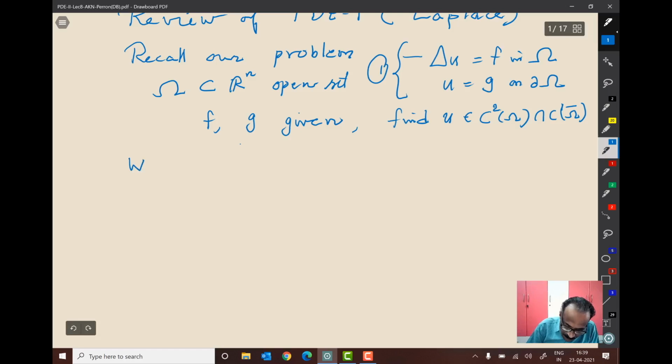Okay, so this problem can be solved. These are all things we have discussed last time. We can write u equal to v plus w, splitting this problem into two problems.